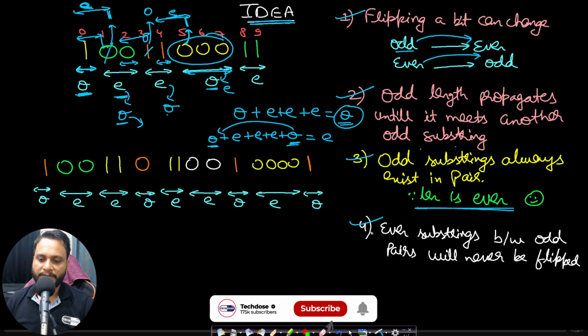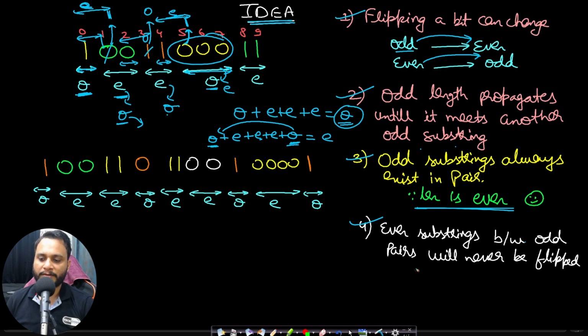Now the fourth point is very important, where it says that even substrings between the odd pairs will never be flipped. Let's look at the second example and try to understand this. In this example, the first substring was of odd length, then we have even length, then again an odd length. So these two are the odd length. Now in this case, if I want to make everything even, then what I do is I will flip this bit to 1.